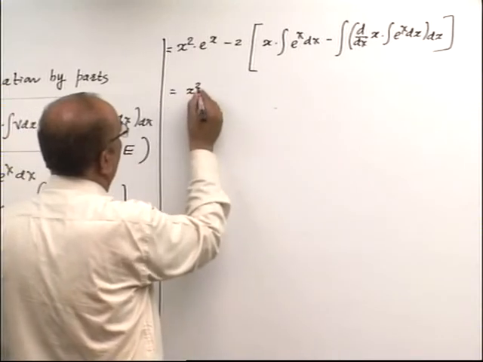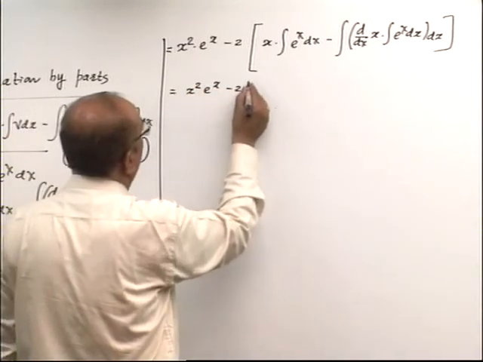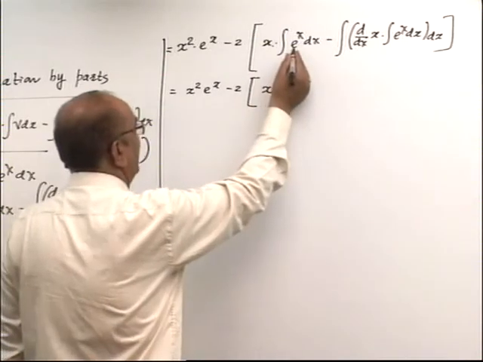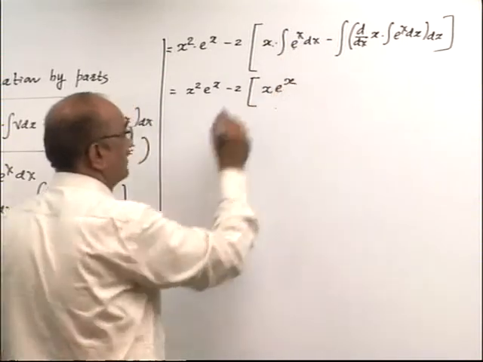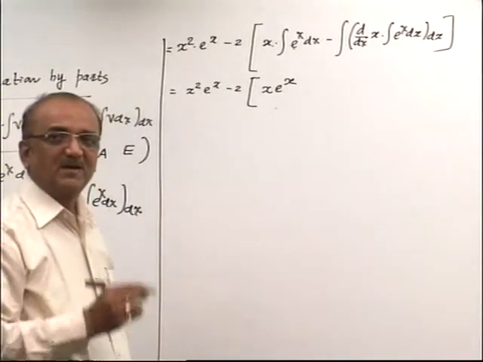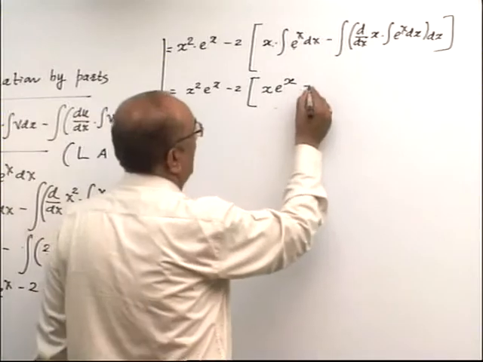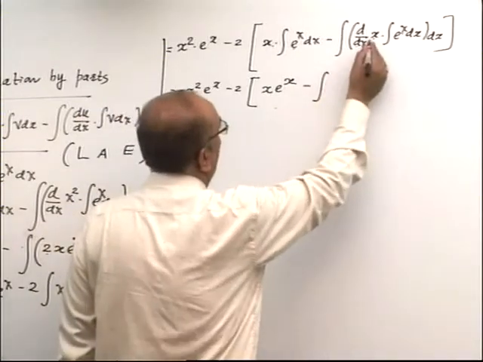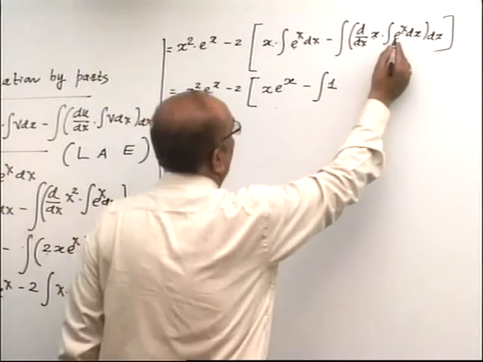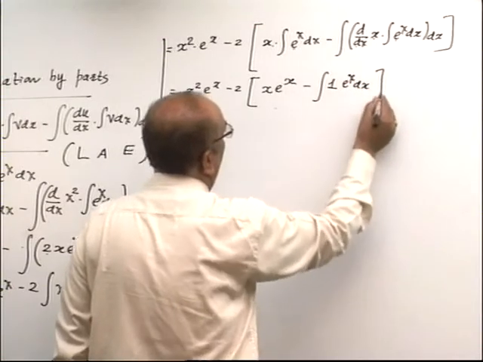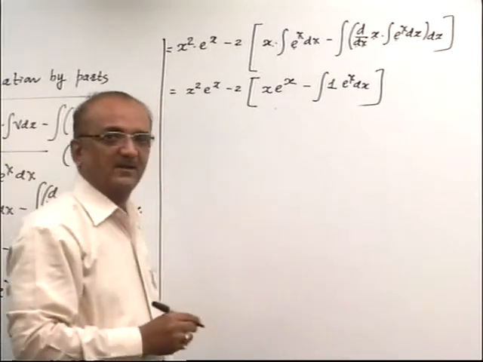Equals x square into e raised to x minus 2 as it is, x as it is, the integration of e raised to x is e raised to x, which means minus 2 bracket of x into e raised to x, minus the integration of the derivative of x, which is 1, into the integration of e raised to x, which is e raised to x, dx. Clear?